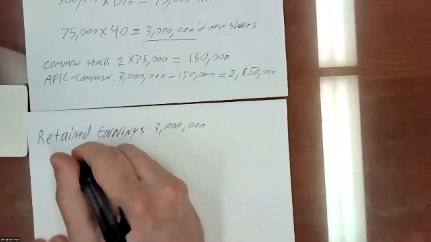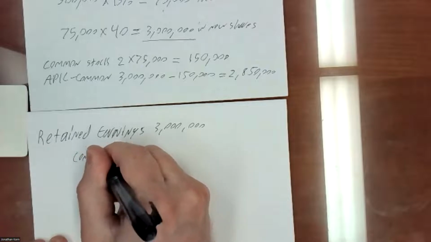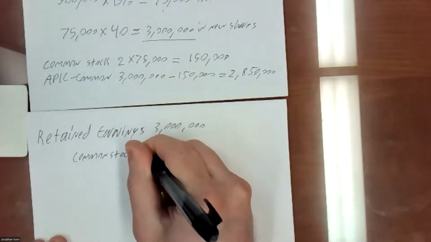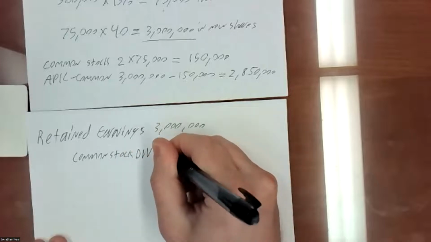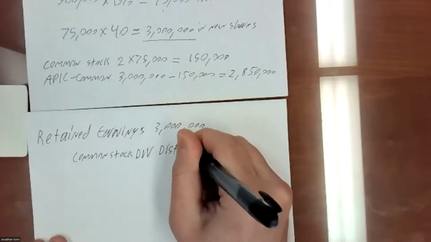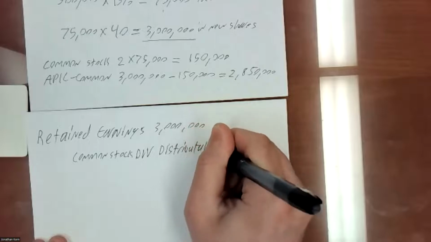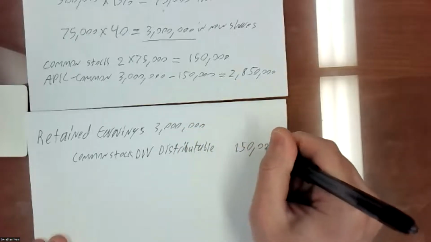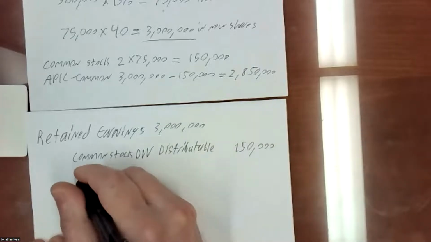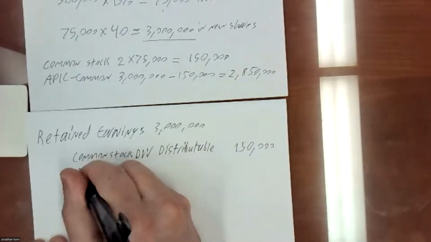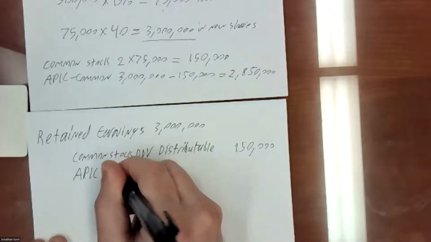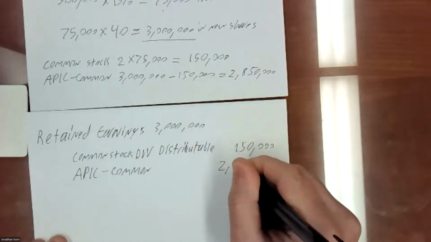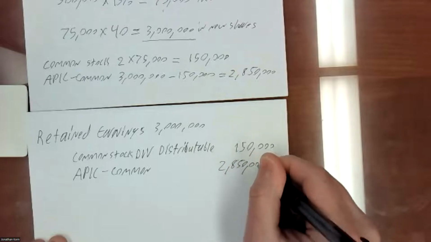Credit common stock dividend distributable for $150,000 and credit APIC common for $2,850,000.